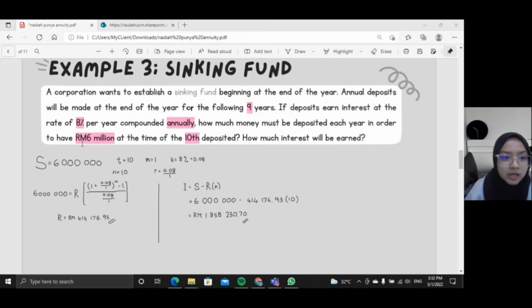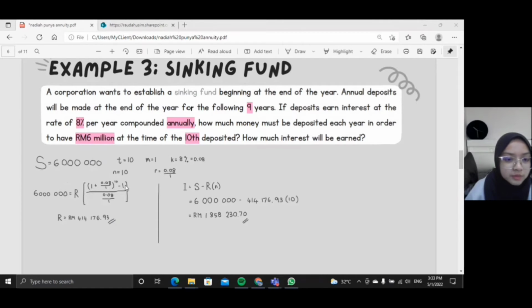So S is equal to 6 million, and then T is 10 because it is the time of the 10th deposit. The M is 1 because it is compounded annually, and the K is 8%, 0.08. The N we will get 10, and then the rate is 0.08 over 1.